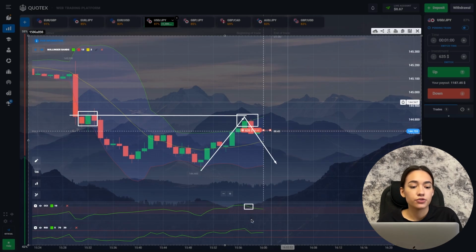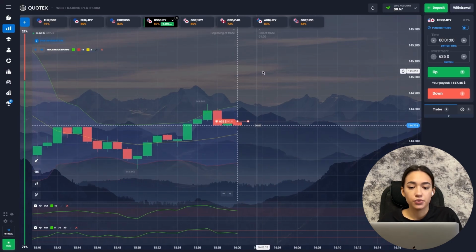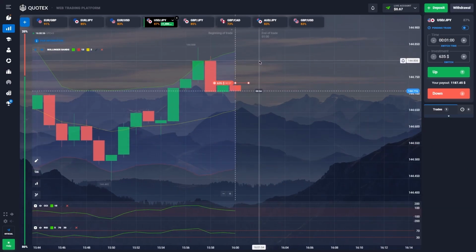We have already crossed the overbought area. The moving averages tend to go down, and the most favorable choice would be to open a down trade for us. So let's watch the result.